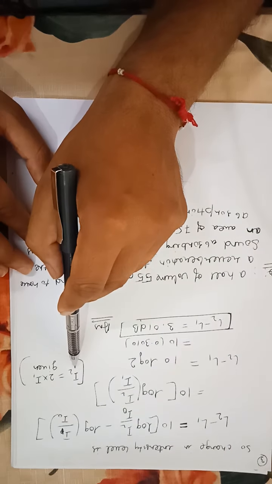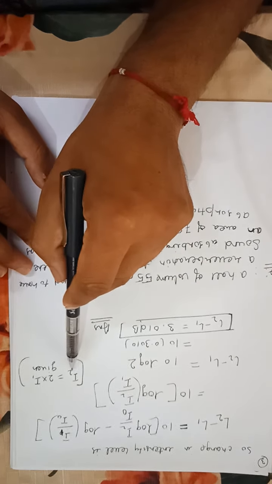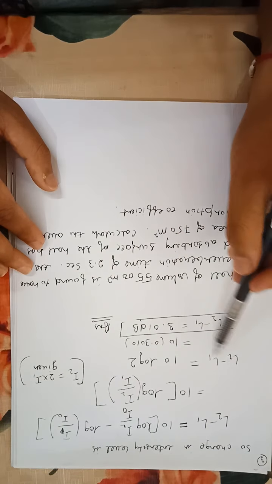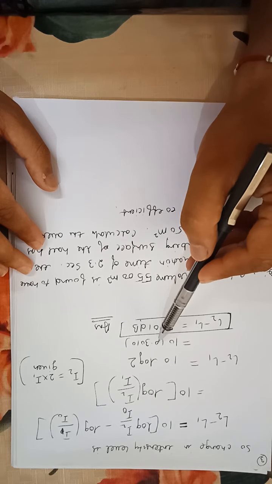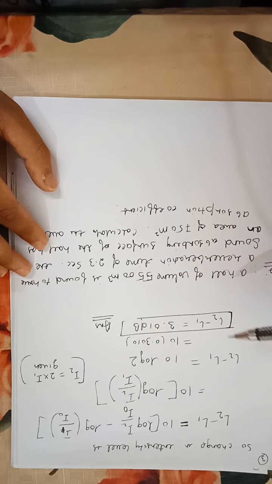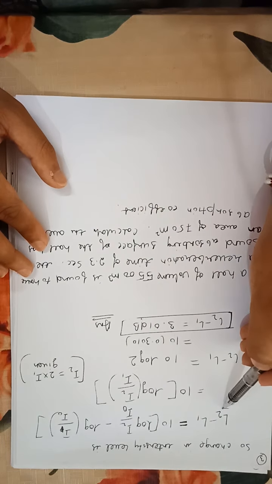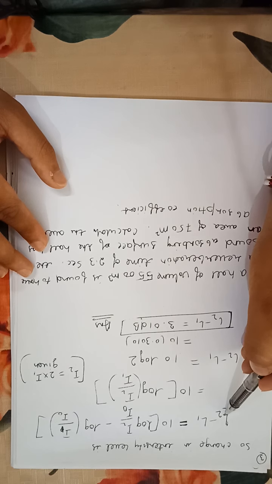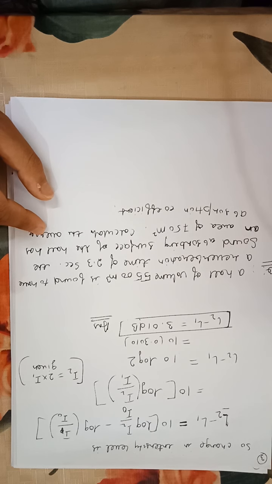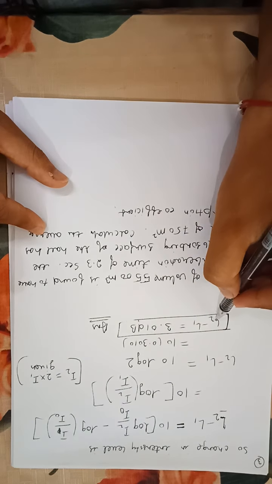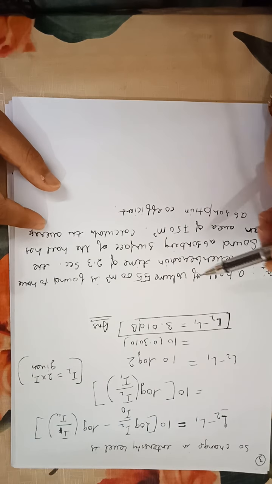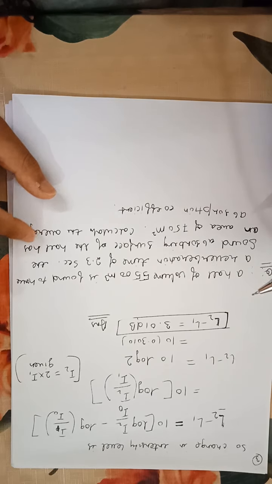Now because I2 is equal to 2 I1, the increased intensity is double, we calculate 10 into log 2, which is 0.3, and this gives the change in intensity level. L denotes the intensity level in decibel. So whenever we use L and this type of formula, the intensity changes in decibel, the sound level.